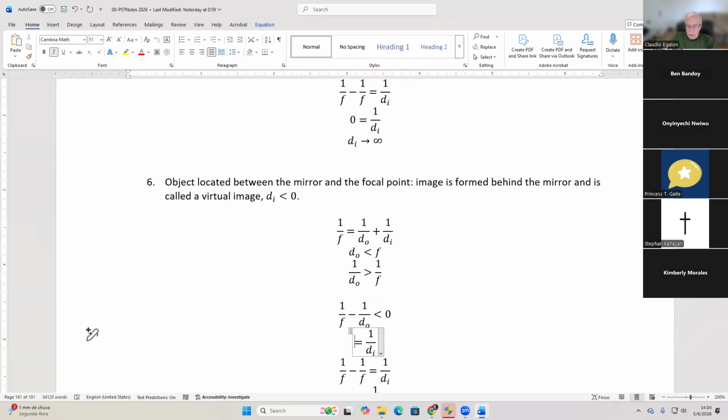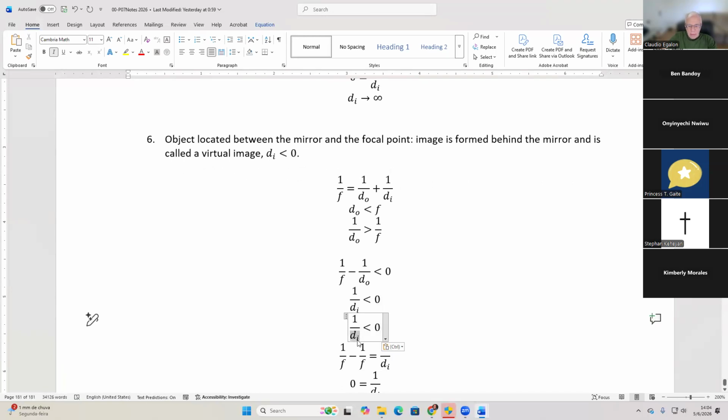And we conclude that 1 over di is also negative, which means that di is negative. Here you go.